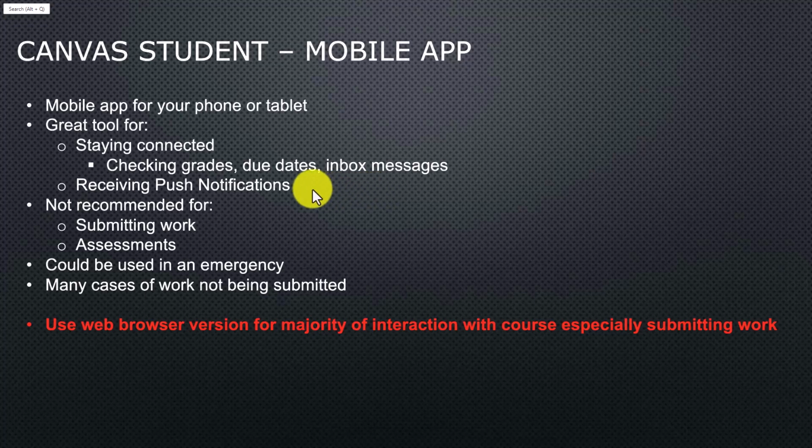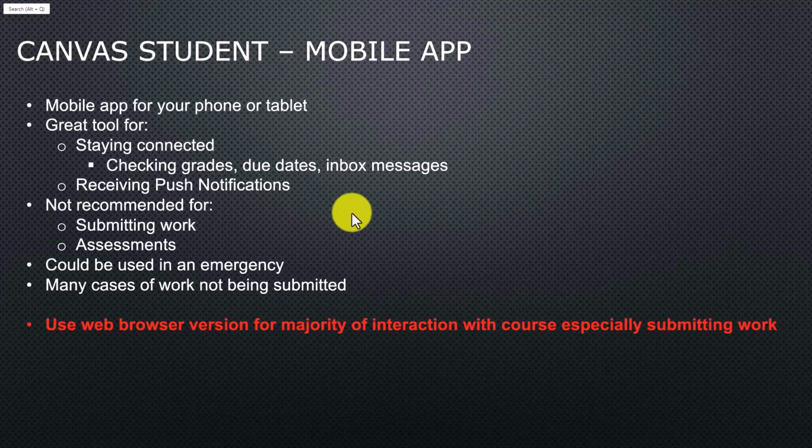Also, it's very useful in receiving push notifications on your phone so you can be alerted when certain things happen, such as somebody has replied to a discussion board you're involved in, assignments have been graded, or an instructor has published a new announcement.